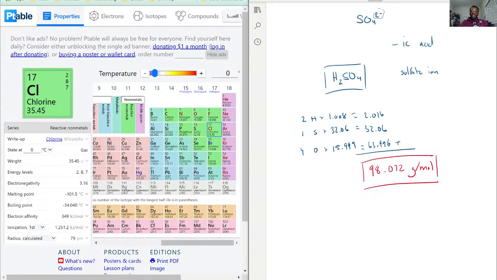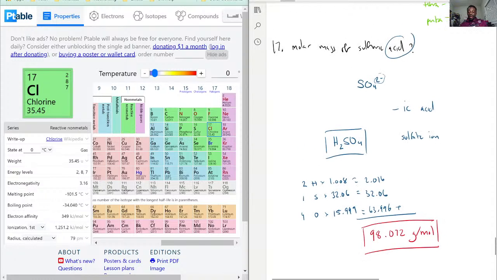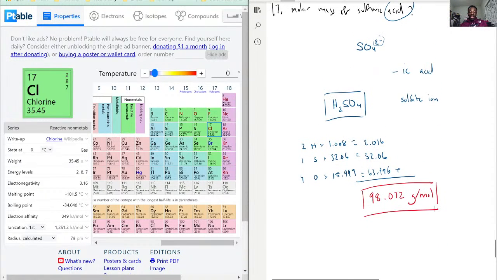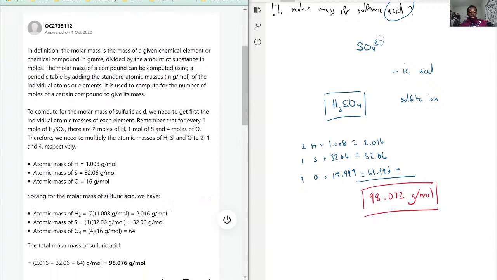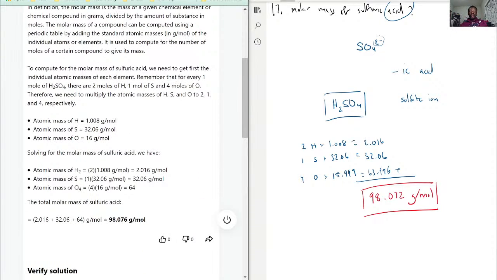Okay, that is the answer you should get for the molar mass of sulfuric acid. So let's see how we did here. Added the constituents, and their answer is slightly different just because on their periodic table, as you see here, oxygen was just 16 grams per mole, but every one of our other values did match.